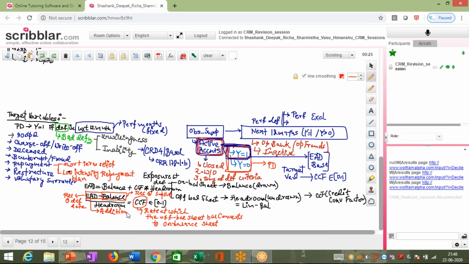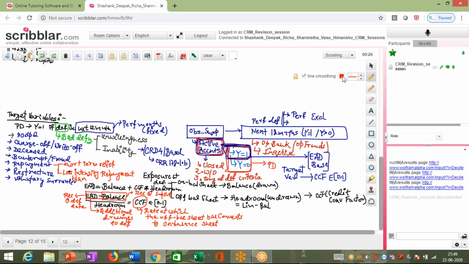So this is how you first define your target variable, the additional drawings up to default. On one hand, we have the balance reported at snapshot, and this measures the additional drawings to the point of default, right? Up to default means from snapshot to the date of default.